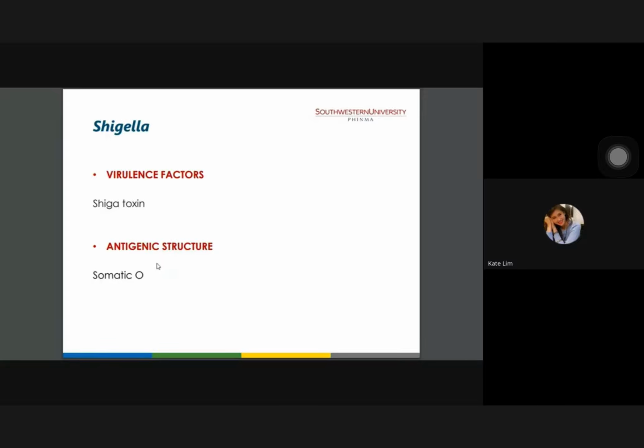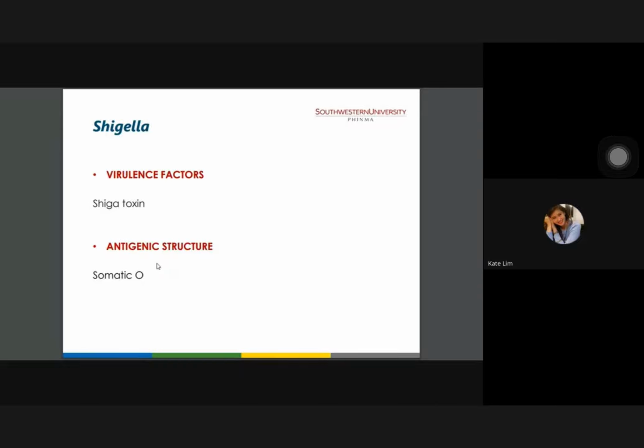So in here, the Shiga toxin is the potent exotoxin. This is the main virulence factor of Shigella, primarily produced by Shigella dysenteriae, and to a lesser extent, it is also produced by other Shigella species.